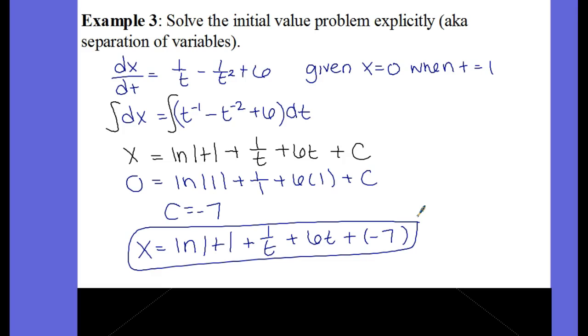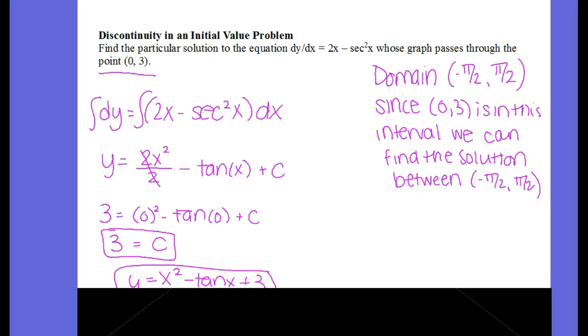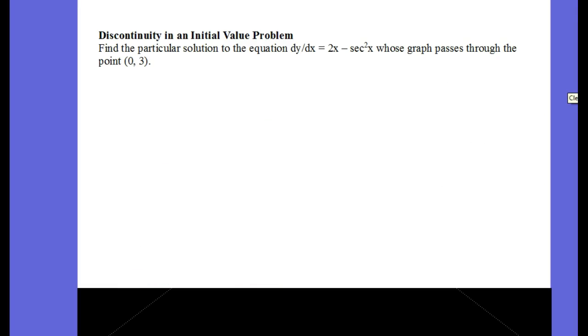Okay, so it says find the particular solution to the equation dy/dx equals 2x minus secant squared x, whose graph passes through that point. So what do we know about secant squared? When does secant not exist?